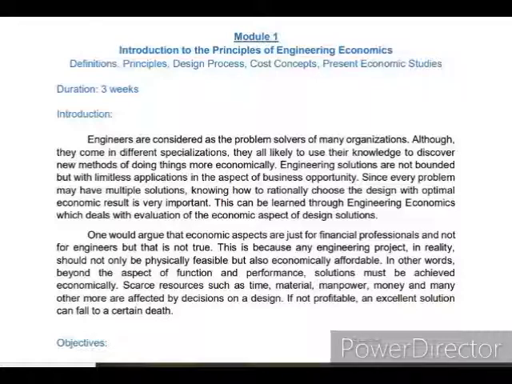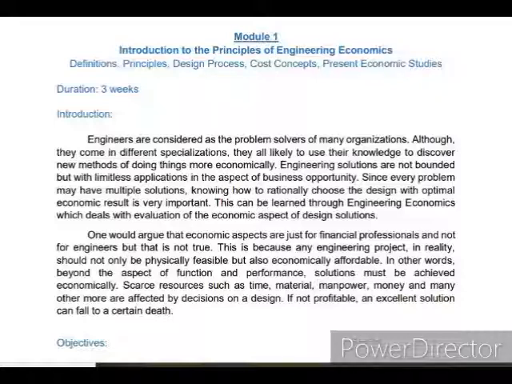But that is not true, because we engineers are also inclined to that. An engineering project in reality should not only be physically feasible but also economically affordable, because if our project is not economically affordable, no one will buy it, and it will not be successful.